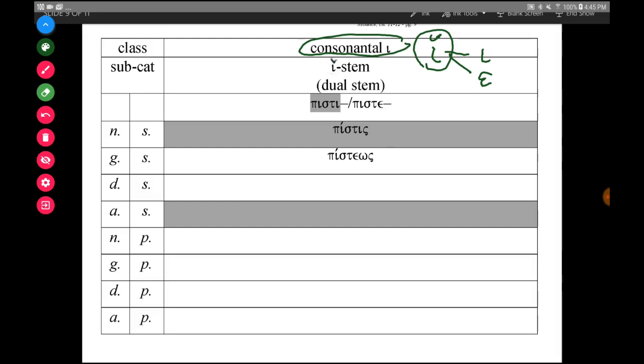So if the word pistis, for example, in the nominative singular, means faith, its stem will be either pisti with an iota or piste. Its original stem is pist with the consonantal iota over it, but this consonantal iota never appears when you write out the actual uses of the noun. It either turns into a regular iota or an epsilon.